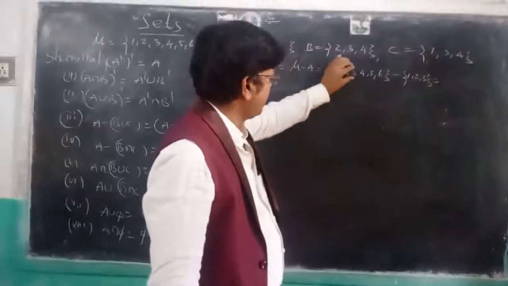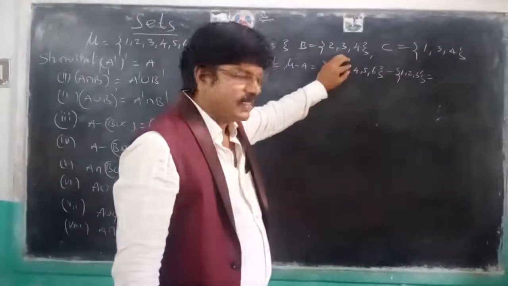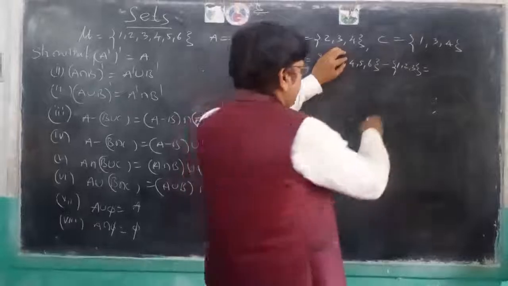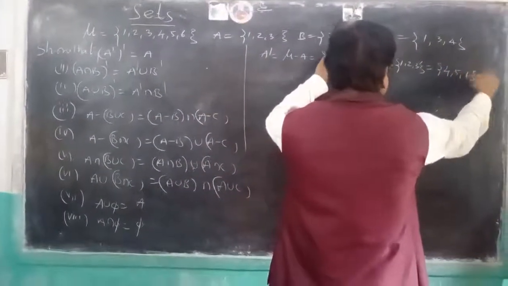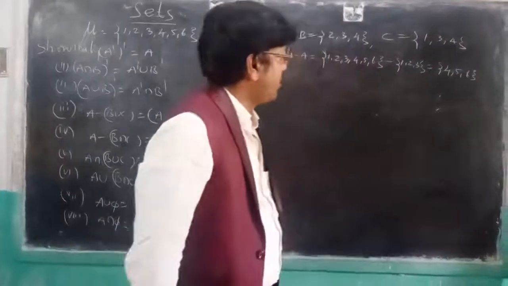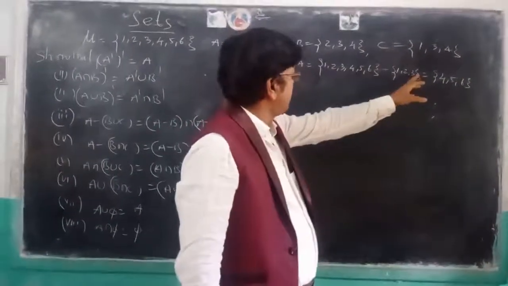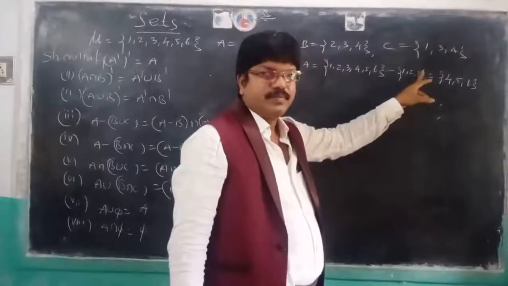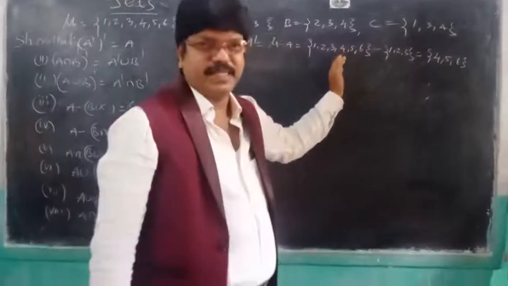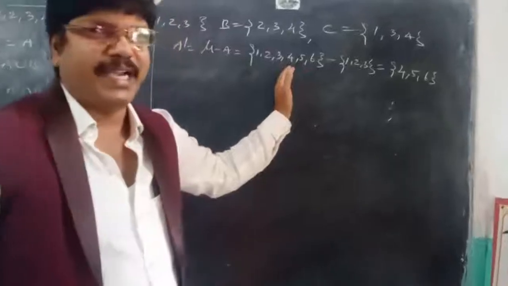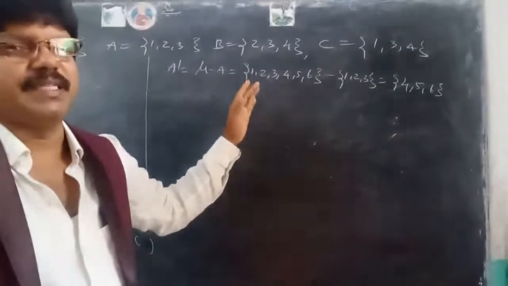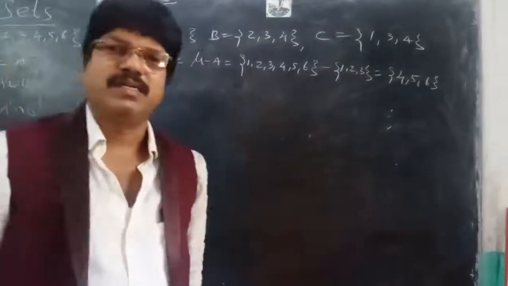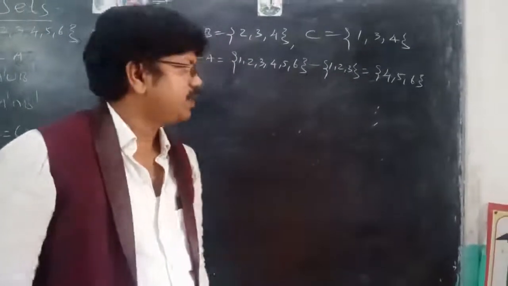Remove them from the first set and write the remaining: 4, 5, 6. Of course, if there is any element like 8 in the second set, there is no 8 in the first set, so we don't write 8 because 8 does not belong to the first set. That is the concept and the rule of the difference A minus B.